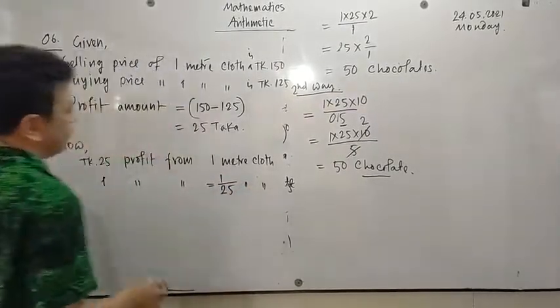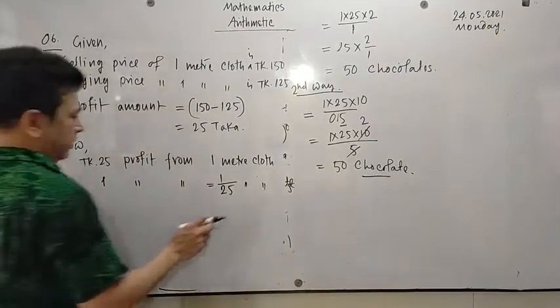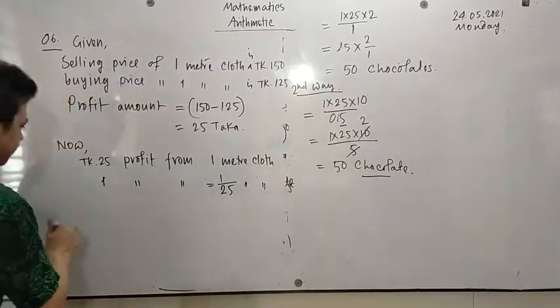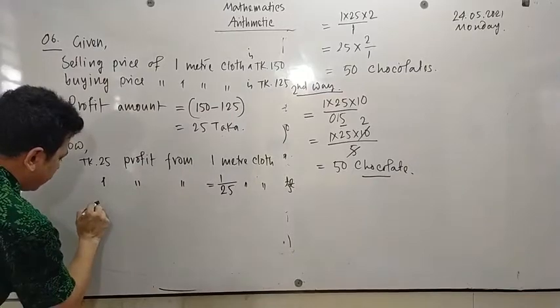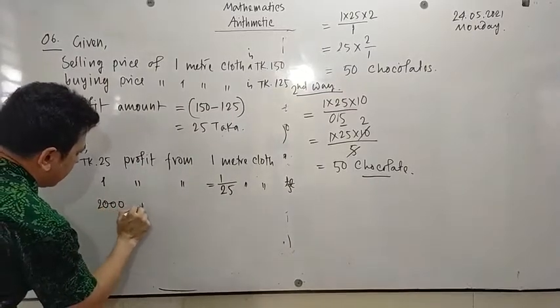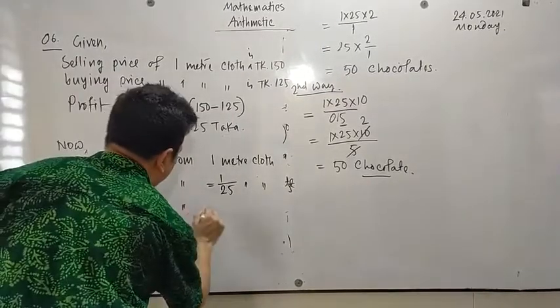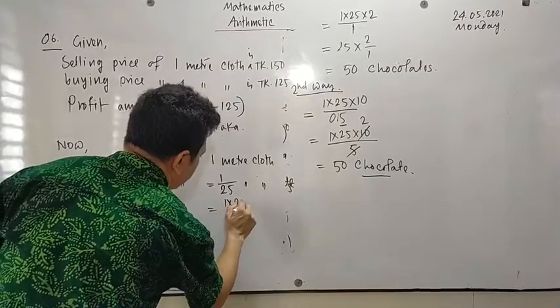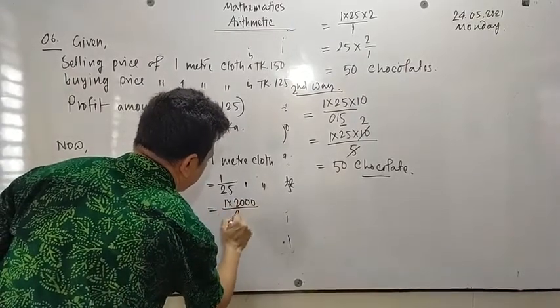This is a part of the cloth, in meters. So the total amount is 2000 taka profit, from 1 into 2000 divided by 25.